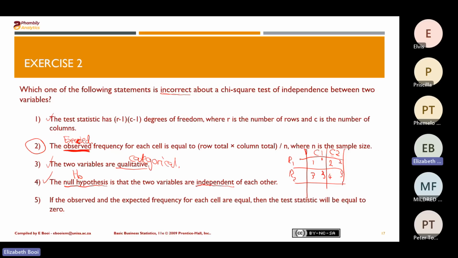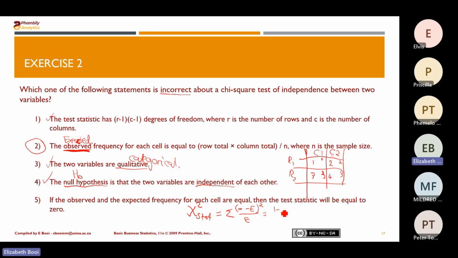Remember, the numbers at the corner are our expected frequency. So if we have to calculate our chi-square test statistic, we know that it is the sum of your observed minus your expected, squared, divided by your expected. So what does that mean?